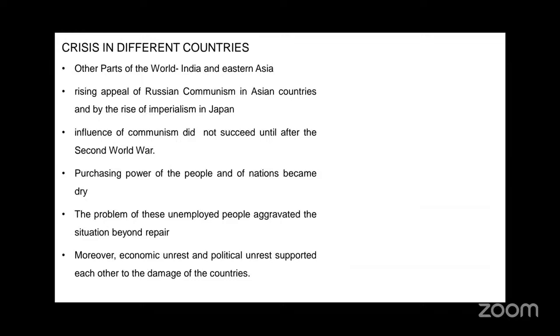So this is how the Paris Peace Treaty or the Treaty of Versailles and various other treaties followed by that, and the Great Economic Depression further followed by that, have in a way caused the Second World War.